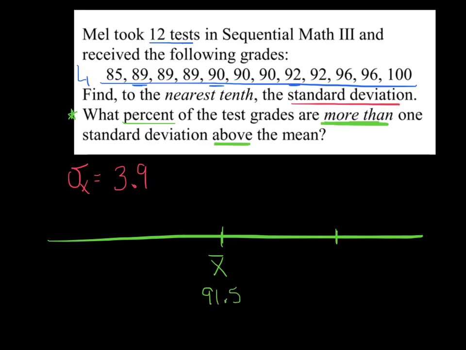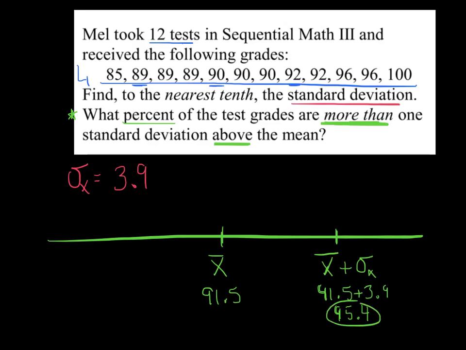Let's go one standard deviation above. So we'll do mean plus lowercase sigma, that's 91.5 plus the 3.9 for a grand total of 95.4, I believe, if I did some mental math correct. Feel free to type that into your calculator if you need to.